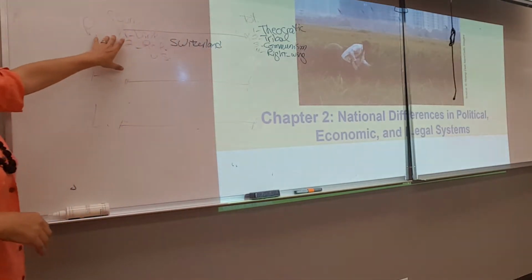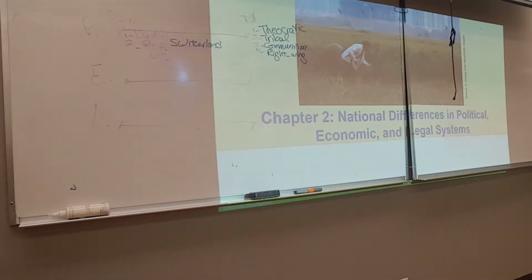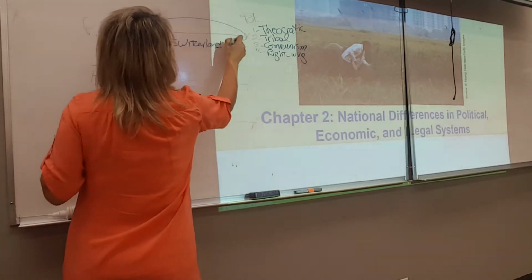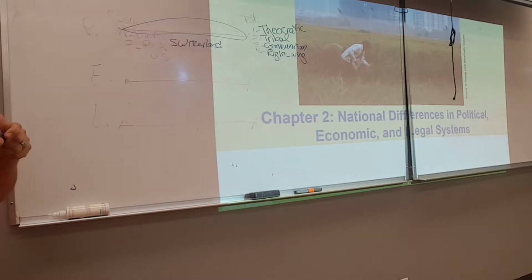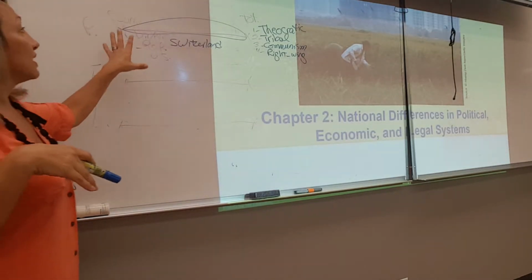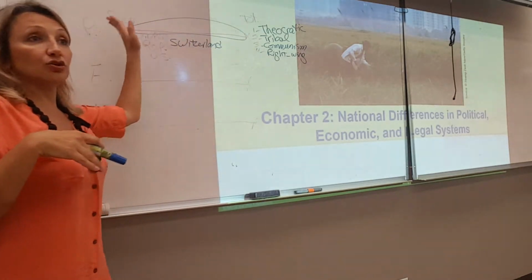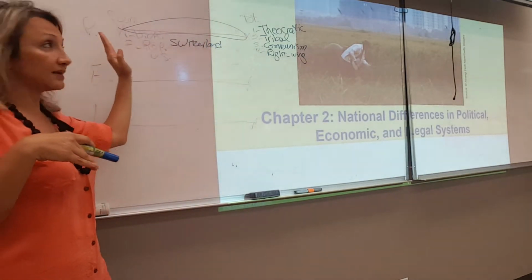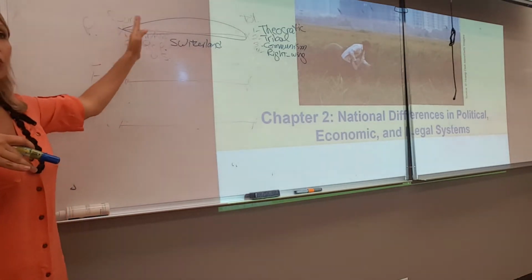So these are the examples of totalitarian regimes, and these are the examples of democratic regimes. All other countries fall between these two extremes. Out of 195 countries around the world, all of them fall between these two. So it's not only either this or this. It could be somewhere in between.